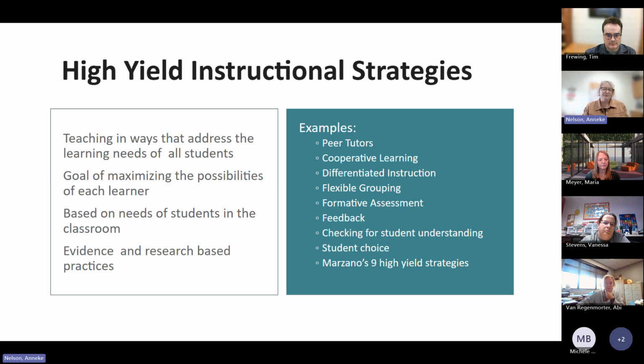We want to plan based on the kids we have in our classroom, not a model student, and use what we know from evidence and research to enhance learning within the classroom.